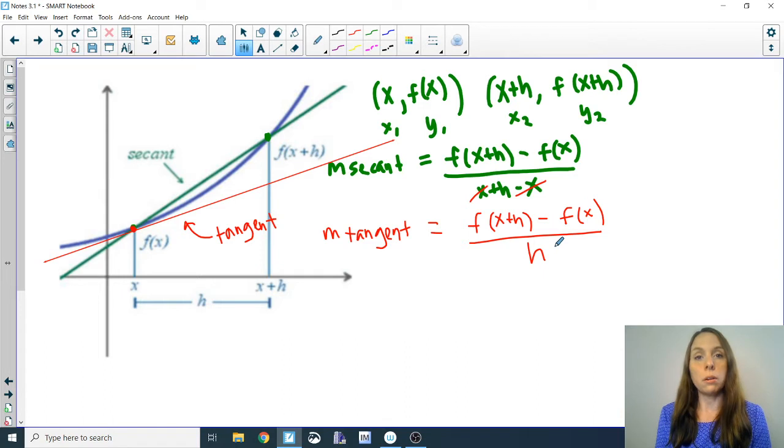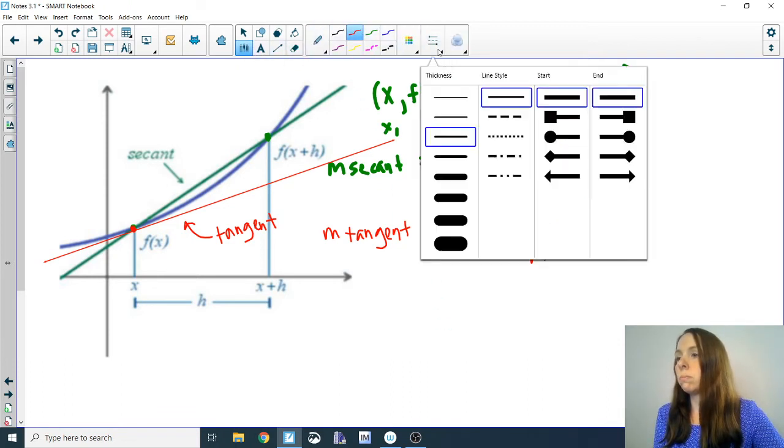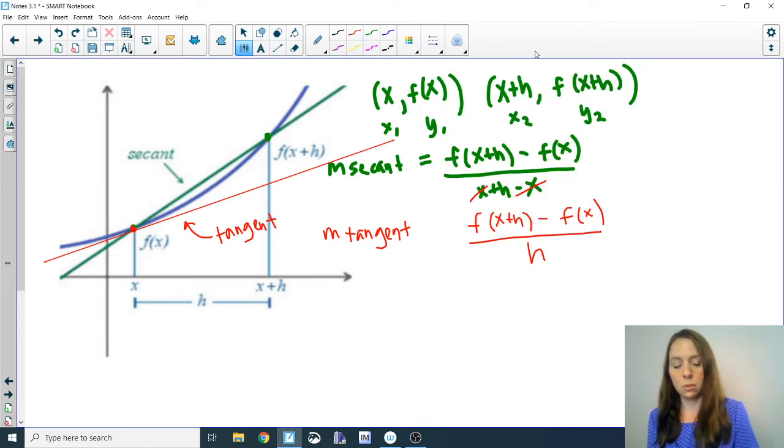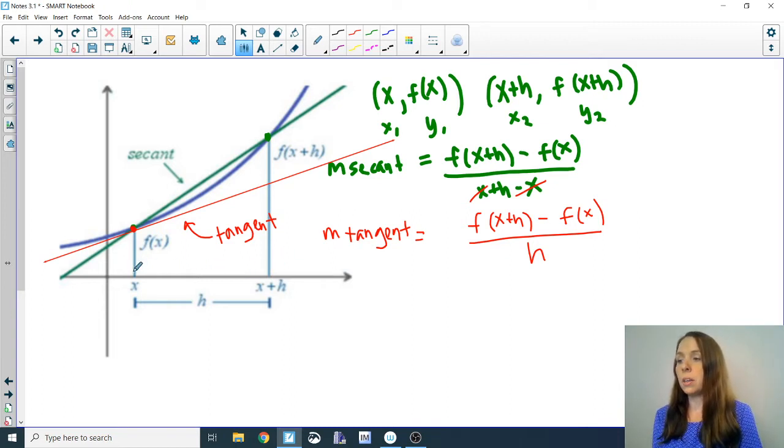The last part, maybe you know what it's going to be because you already wrote it, but let's talk about it. The last part is turning the 2-point formula that we have up here into a formula that will work at just 1 point. And the way we do that is we put in this really crazy thing called a limit.